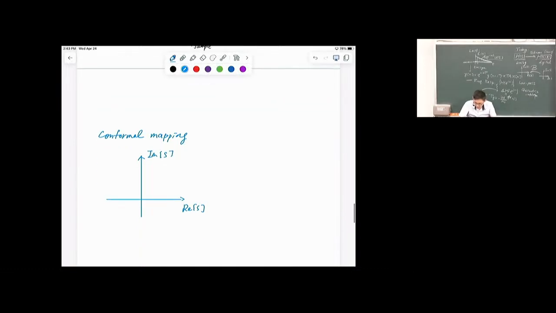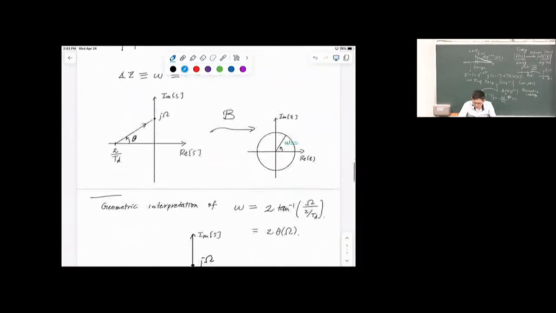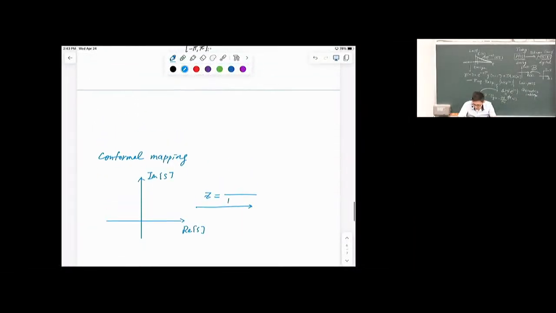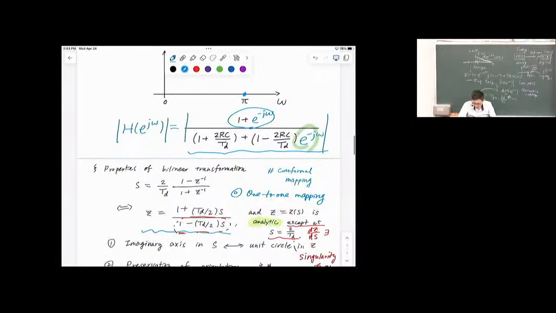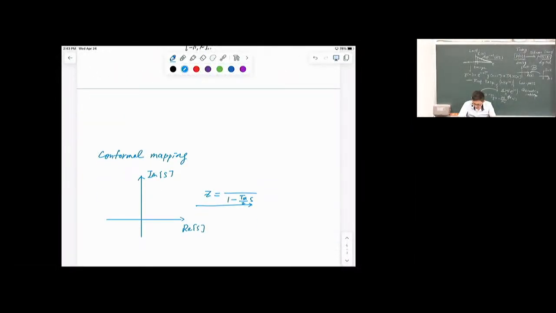And we define Z equals 1 plus Td divided by 2 times S, divided by 1 minus Td divided by 2 times S. Okay, this is a mapping from S to Z.